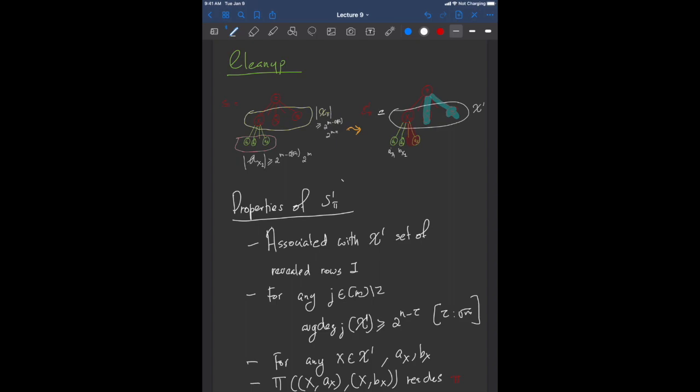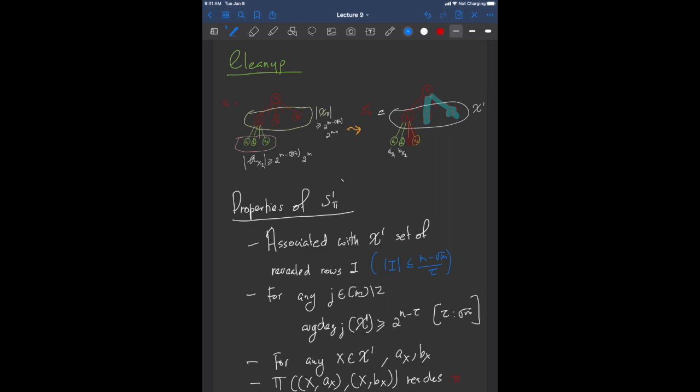These are the rows where players learned more than tau bits of information. And we saw this nice fact that the size of I is at most m minus square root m divided by tau, where tau is the threshold, and we set tau to be square root m to make life easier. So the number of revealed rows was about square root m, and we had the following properties.